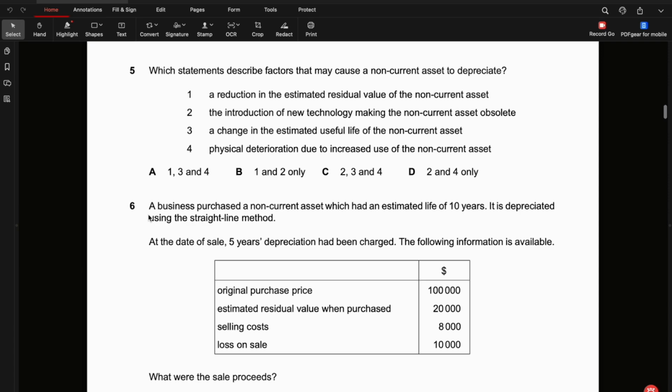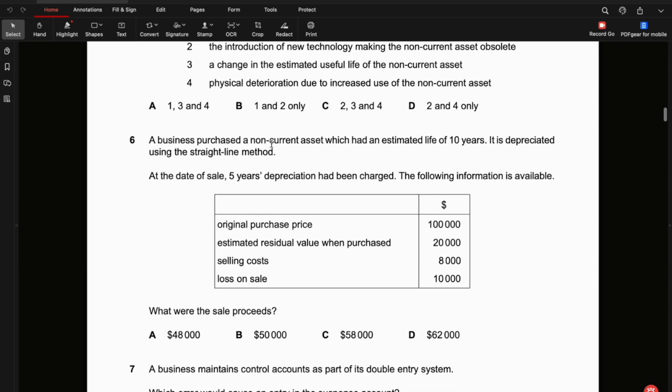Number 6: a business purchases a non-current asset which has an estimated life of 10 years. It is depreciated using the straight line method. So the useful life is 10 years and depreciation follows the straight line method. At the date of sale, 5 years of depreciation has been charged.